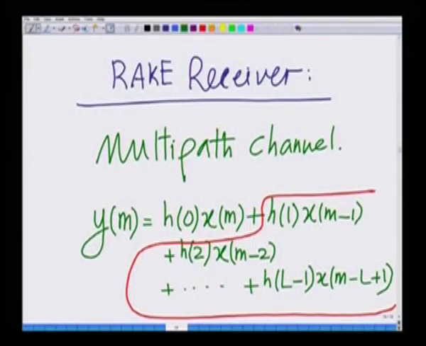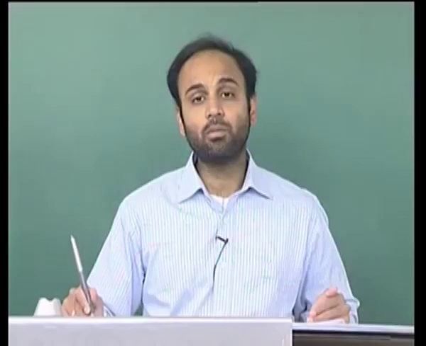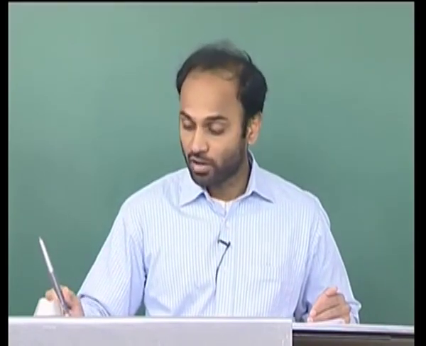This is Ym equals H0 xm plus H1 xm minus 1 plus H2 xm minus 2, so on up to HL minus 1 xm minus L plus 1. This is also known as a dispersive channel. Remember, in the frequency domain, since the signal bandwidth is greater than the coherence bandwidth, this is also known as a frequency selective channel.